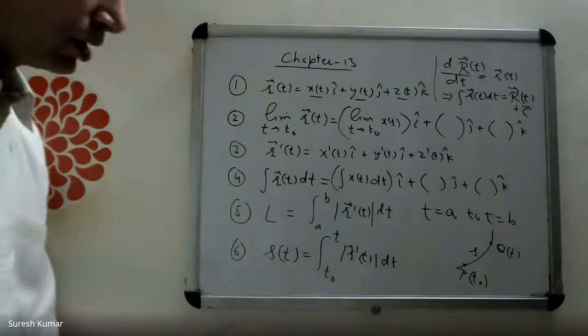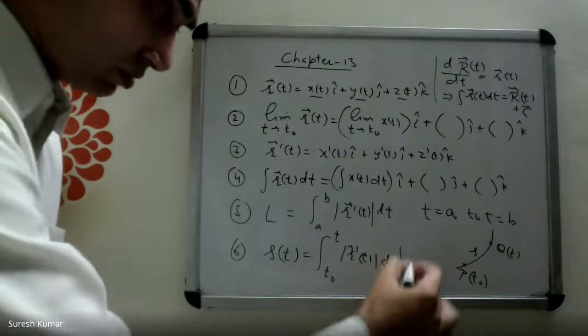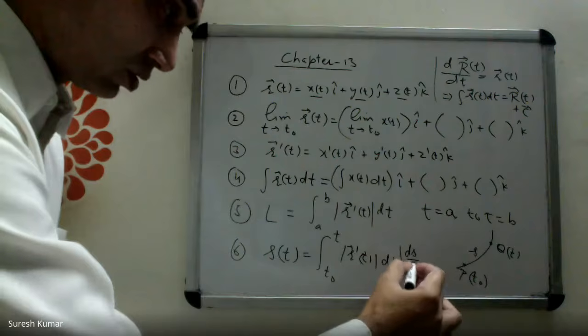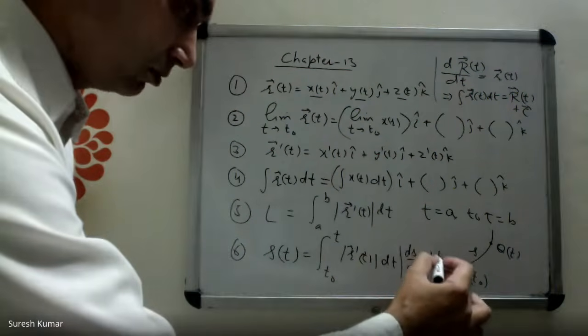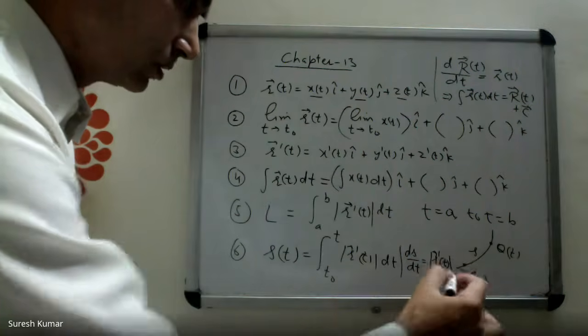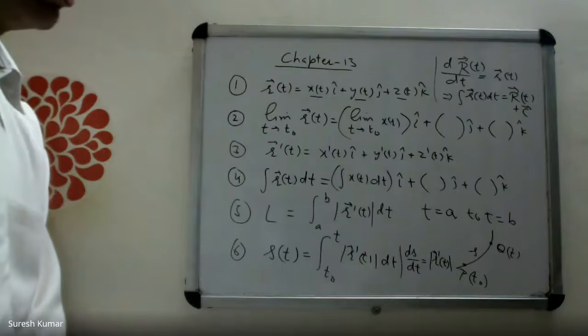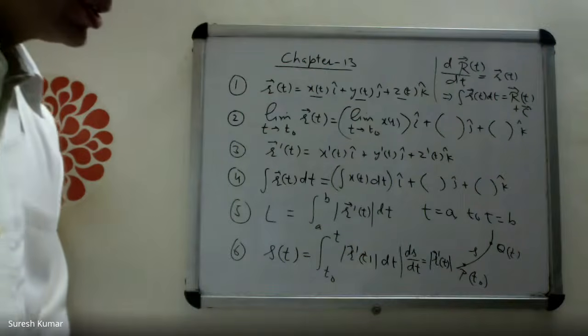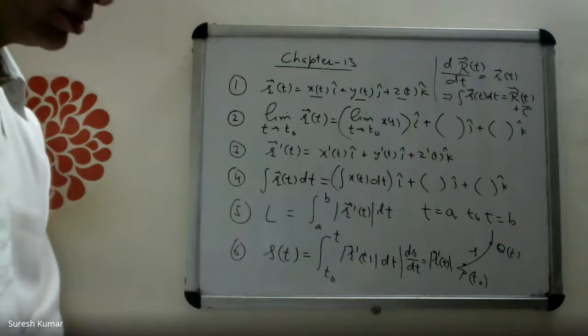This is the way to get the arc length parameter. From this, I told you to make a note of an important result: ds over dt is the same as mod r prime t. So these are important results from the previous two lectures that you should keep in your mind.